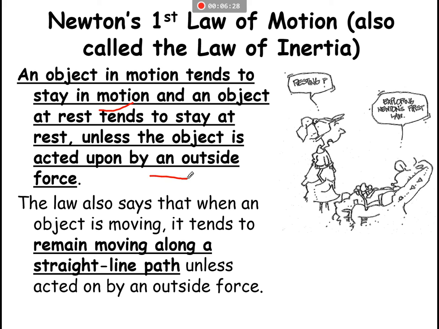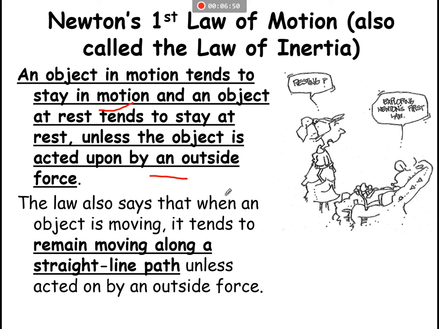When the object is in motion, it tends to stay in motion, and if it is at rest, it wants to stay at rest. This property is called inertia.